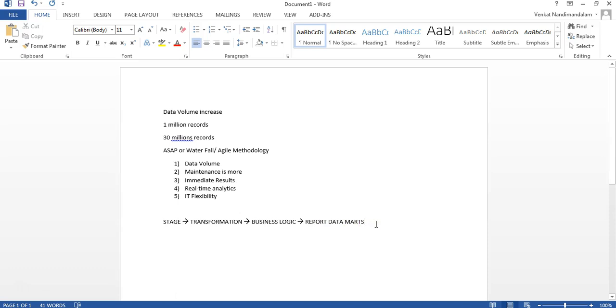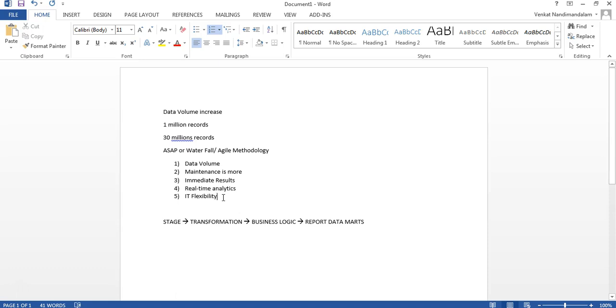So even for a small change, you have to make a lot of changes in your system to make that available. Now customers are not expecting that. They want those changes to be minimal so that they can quickly get their requirements done in the system. So that also comes under IT flexibility.